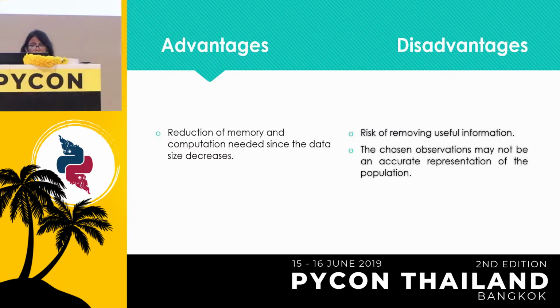The disadvantage of this type of technique is that there is a high risk of removing useful information because we are deleting examples. The observations that we remove may not be an accurate representation of the whole population.